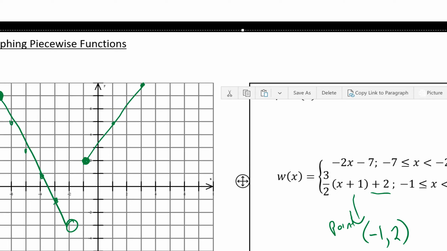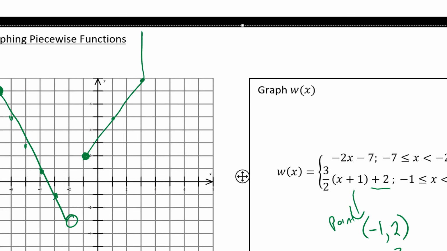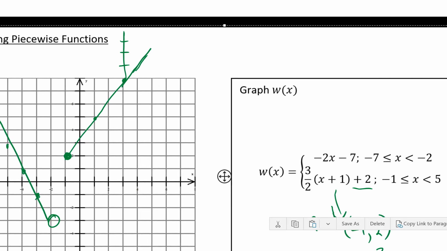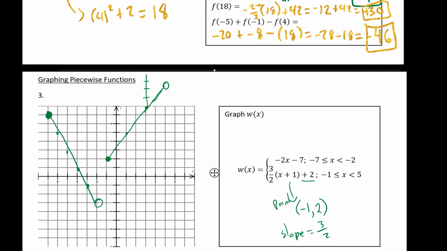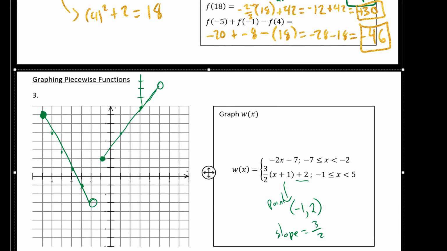Let's extend it just a little bit. So I go up 3, to the right 2. But it stops at 5, right? Here's 5. Oh, wait, no. A little bit more here. And what kind of point do we have there? An open point.